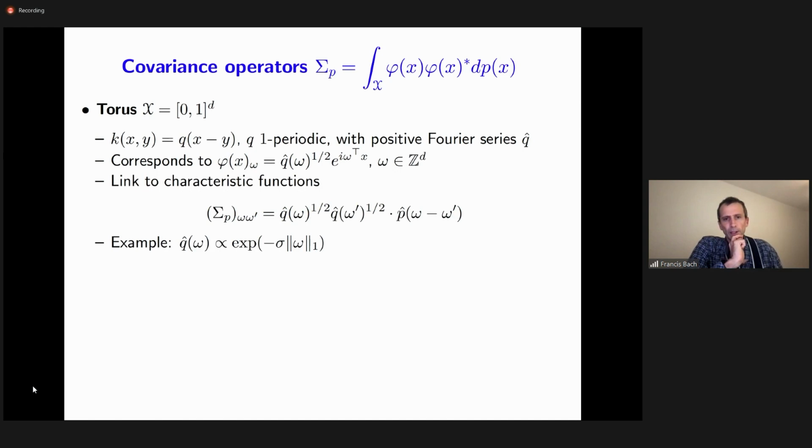The cool thing here is that now you can look at what the covariance operator is by computing the element omega, omega prime, which is obtained from omega and omega prime here, and I see q hat of omega prime coming from omega prime. By using the fact that I have complex exponentials, I get the expectation of a complex exponential, and this is the classical characteristic function taken at omega minus omega prime.